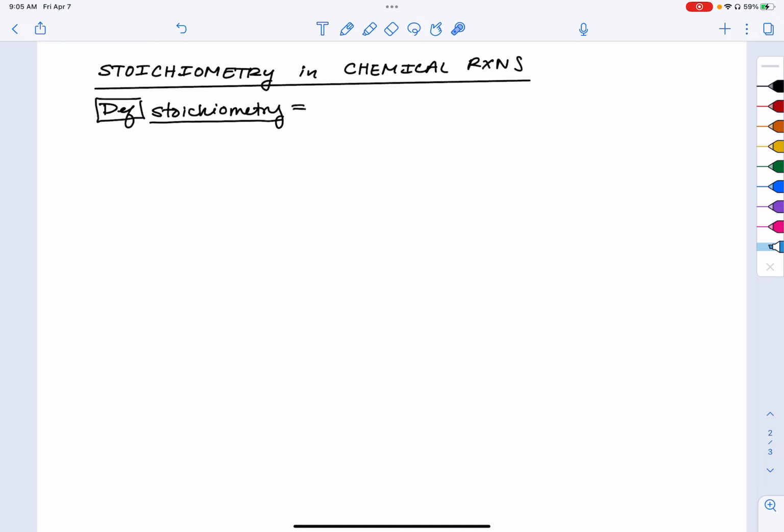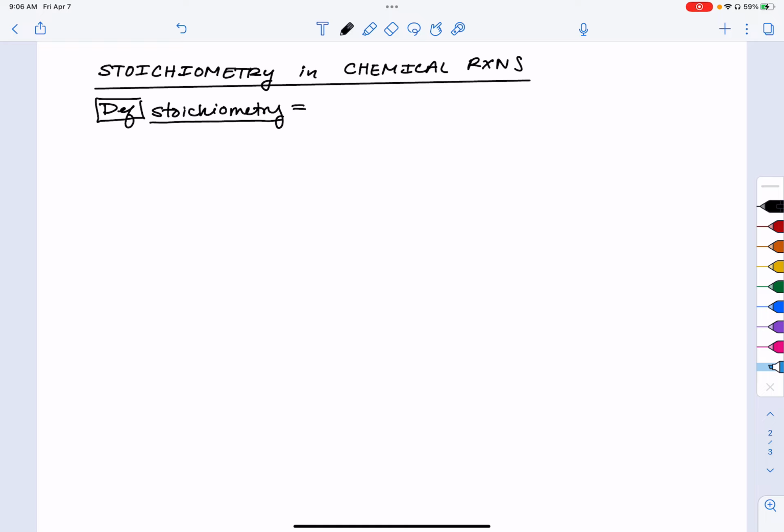So let's start our discussion of stoichiometry in chemical reactions by defining what stoichiometry is. Now, I know that in chemistry there are a lot of weird words and element names that seem to come out of nowhere or seem to be random, so I'm actually going to break this down for you into your Greek roots.